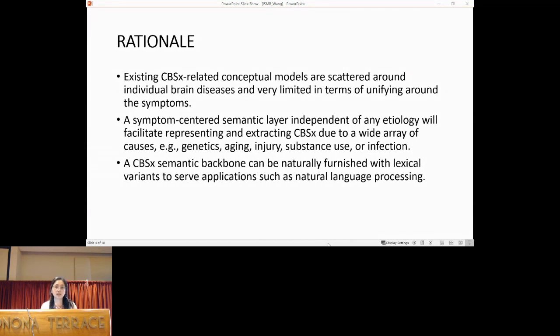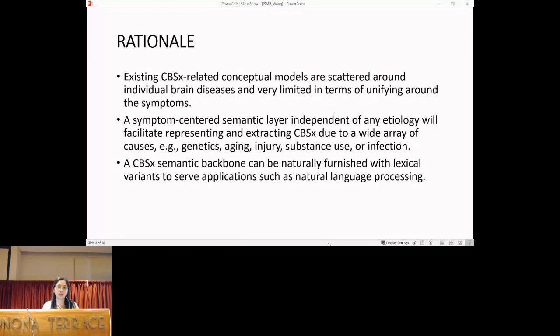The advantage of a symptom-centered semantic layer, independent of any etiology, is that it will facilitate representing and extracting CBSX due to a wide array of causes. For example, dedicated semantic tooling to represent and extract cognitive and behavioral symptoms could enable a lot of downstream applications, such as differential diagnosis in clinical practice and predictive association analytics in the targeted disease area of interest.